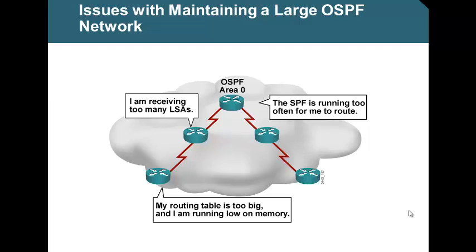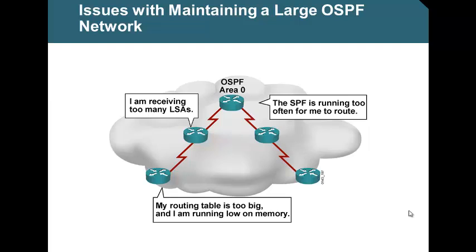Secondly, I'm receiving too many LSAs because no summarization is possible when you have one big network, one big area. When you don't have multiple areas, summarization is not possible. Only when we have multiple areas with a border do we do summarization. We call it the ABR.